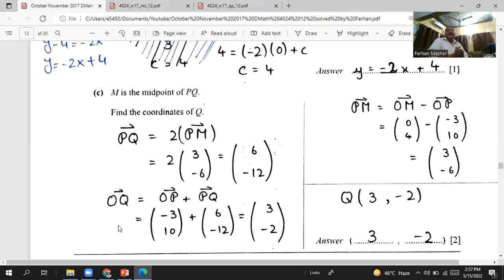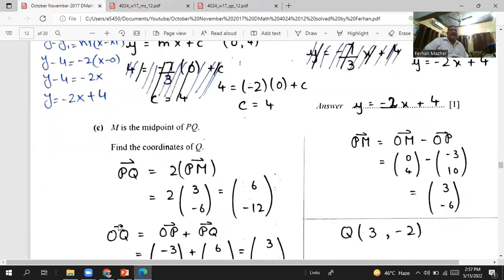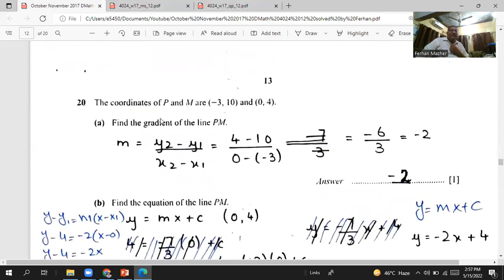And there is another very easy method, which I can just describe to you. You can apply it yourself. It is by using coordinate geometry. You see, I know the P and M point coordinates, and I want to know the coordinates of the Q point. So (minus 3 plus x) divided by 2 equals 0, and from there get the value of x. (10 plus y) divided by 2 equals 4, so get the value of y.